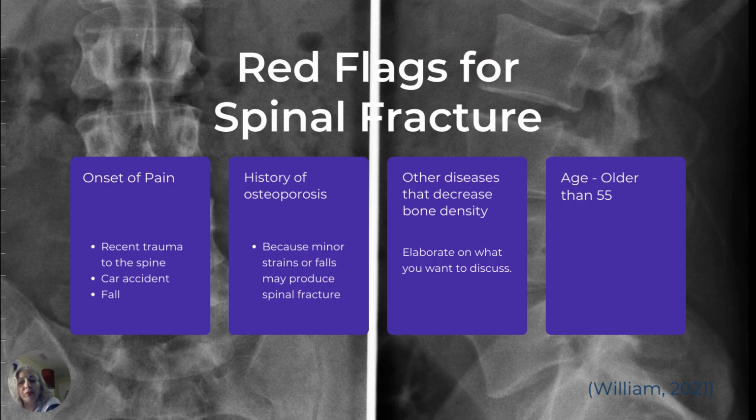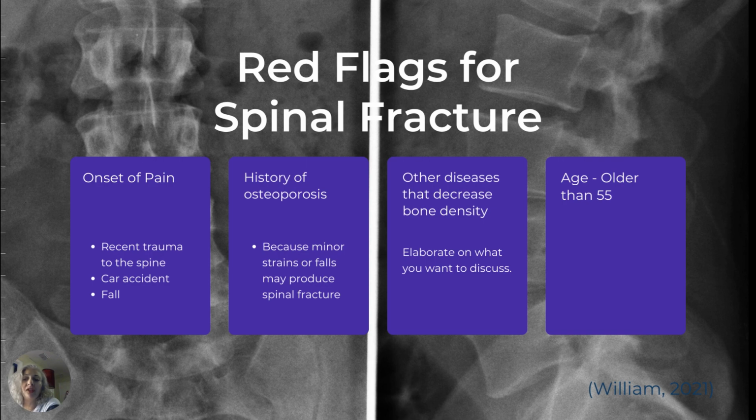The following findings are red flags for low back pain caused by spinal fractures. If the onset of the pain is caused by any trauma to the spine. If the patient has any history of osteoporosis, because minor strains or falls may produce an unsuspected spinal fracture.